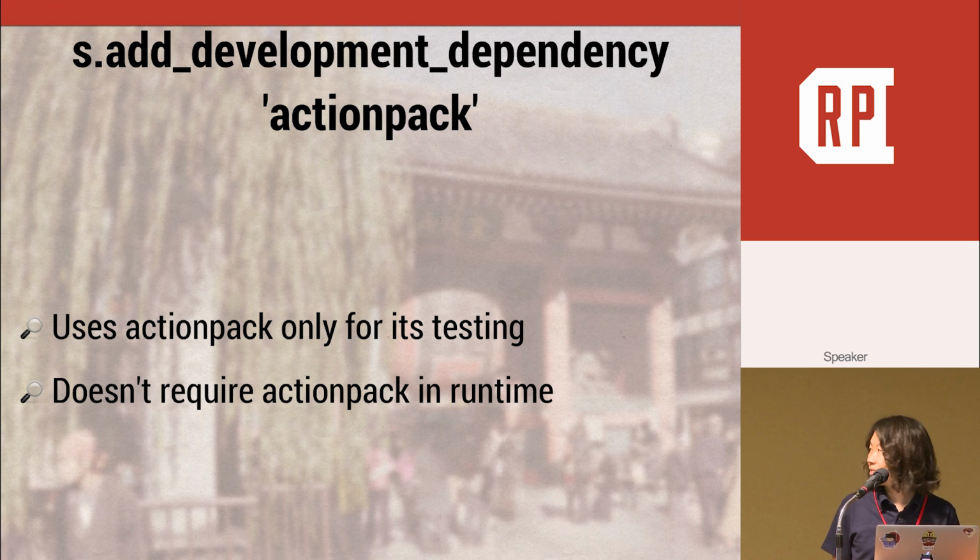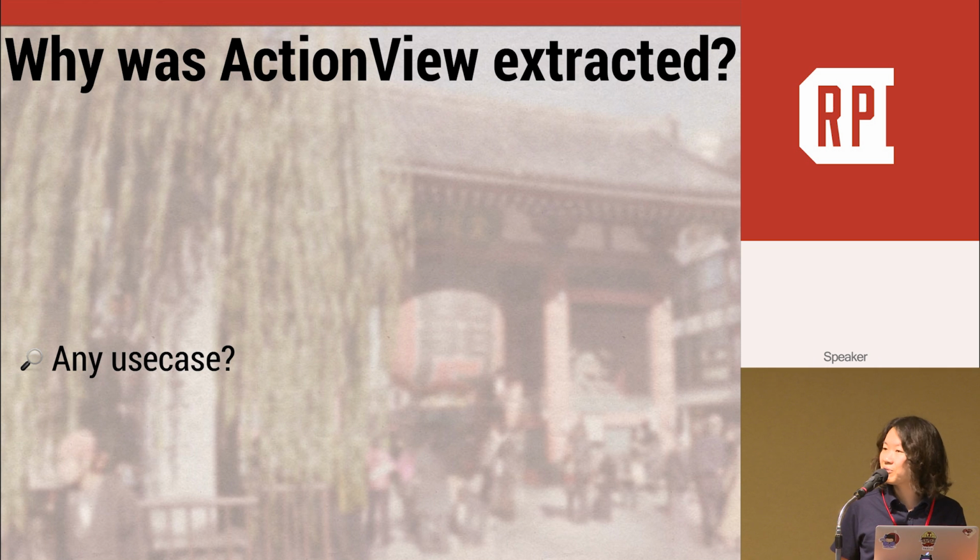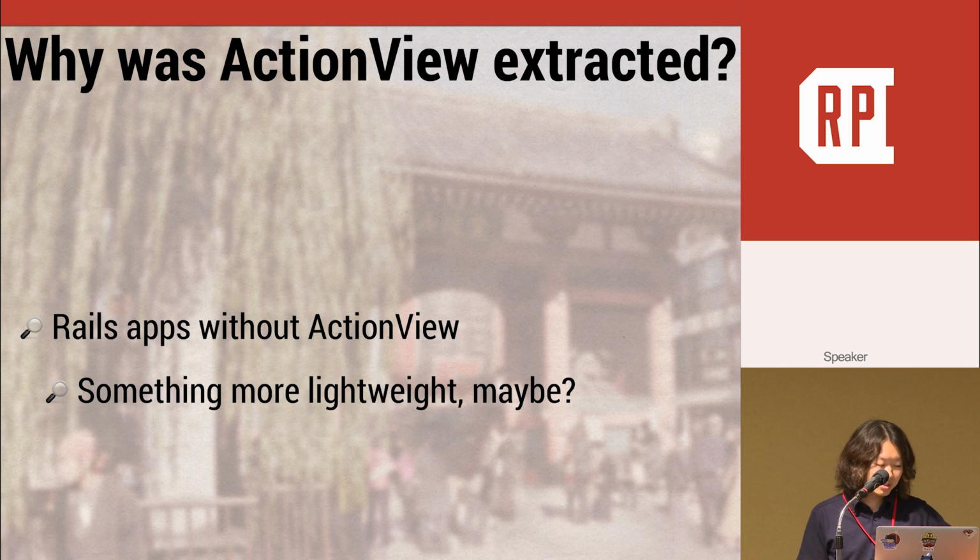So, why was ActionView extracted into a gem? How can we actually use this gem in our applications? I can think of two possible use cases. One is that we can create a Rails application that uses some alternatives to ActionView, like maybe something faster than ActionView.